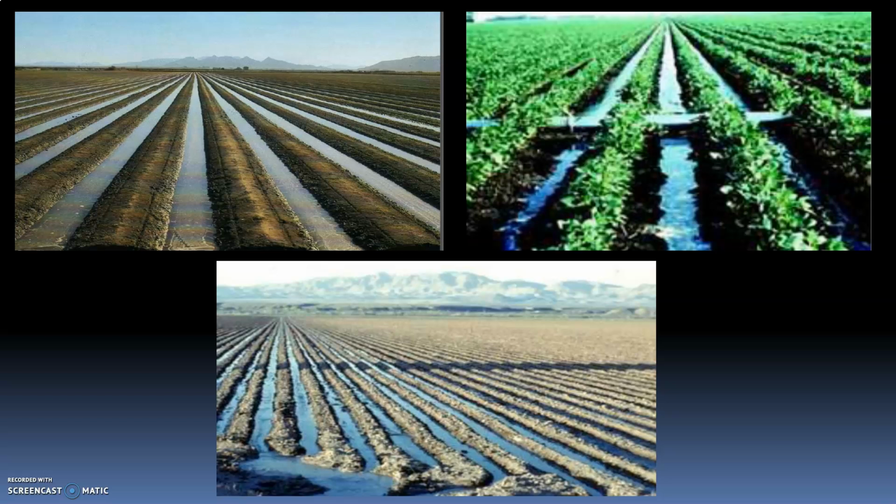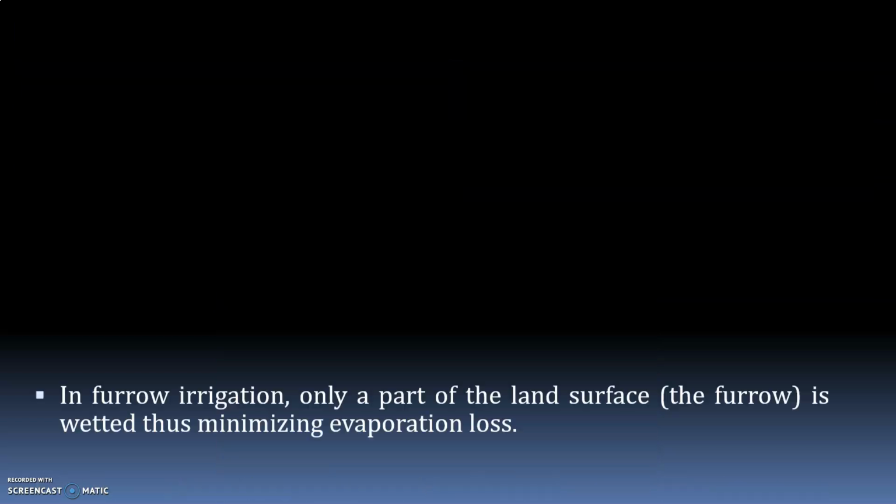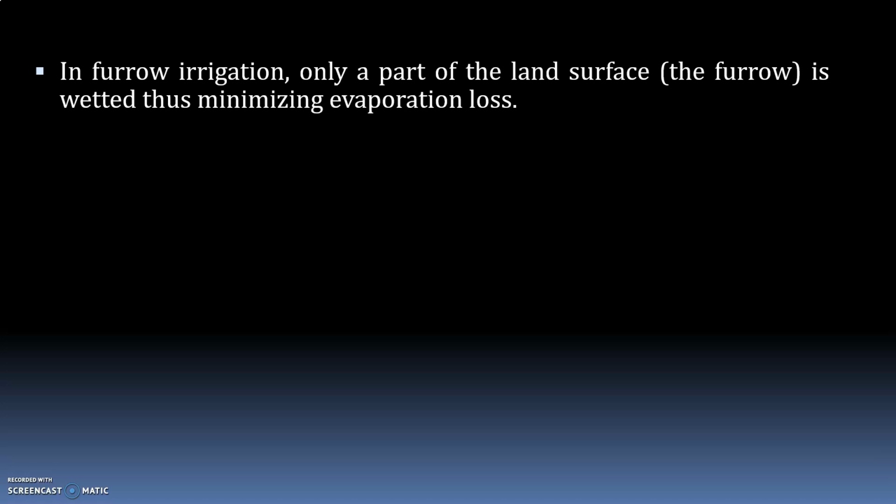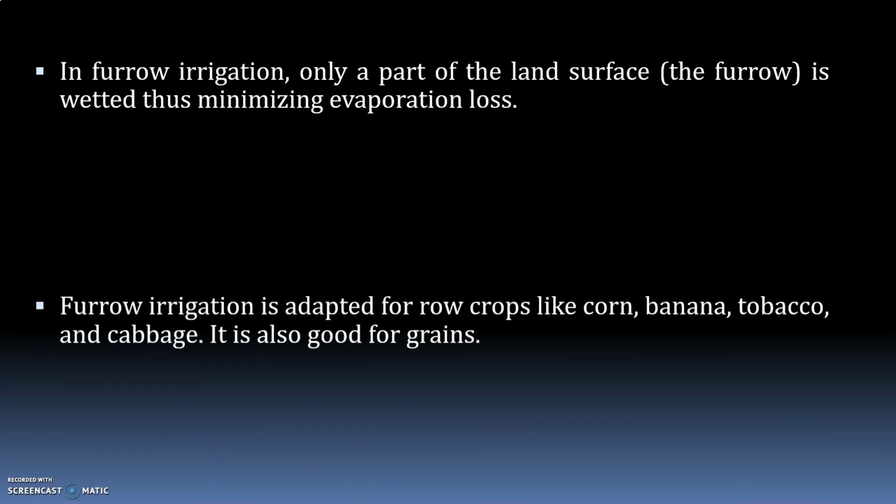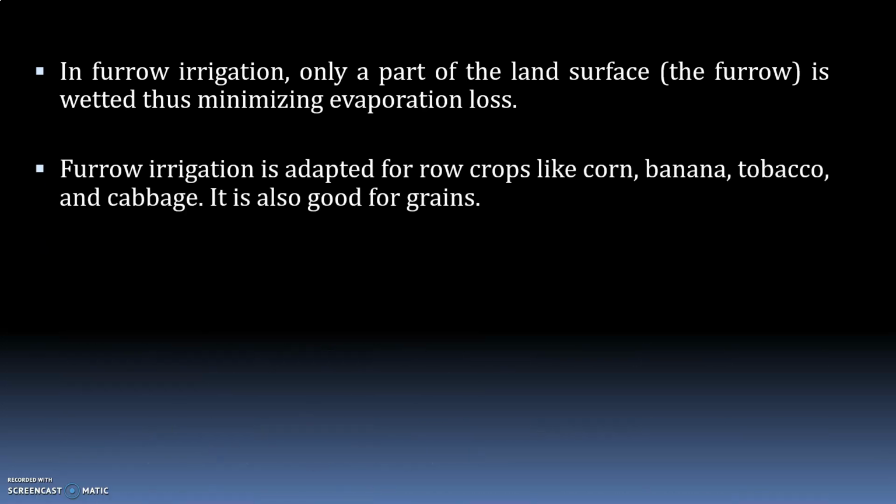Like flood irrigation, furrow irrigation is rather cheap in areas where water is inexpensive, meaning water should be available abundantly, then only this method can be used. In furrow irrigation, only a part of the land surface is wetted, thus minimizing the evaporation loss. This is one advantage of furrow irrigation.